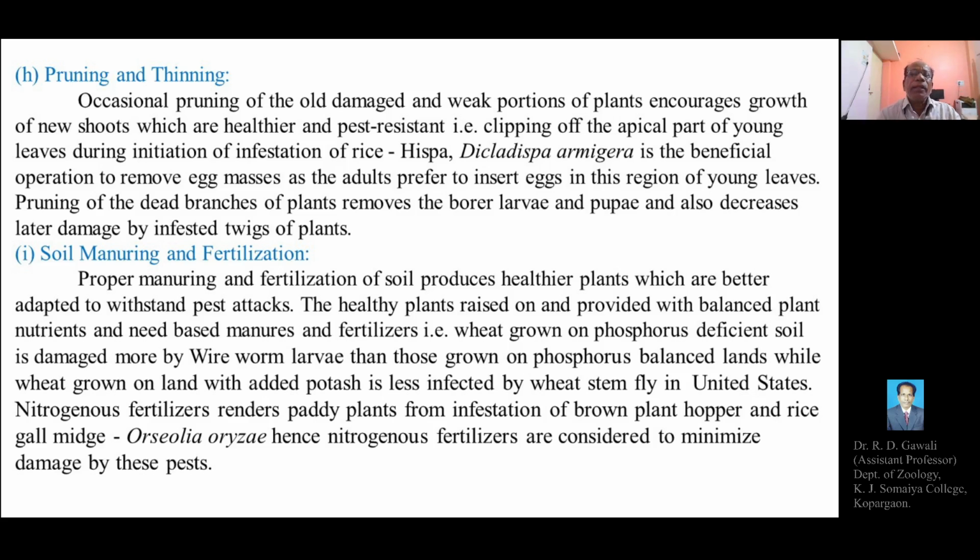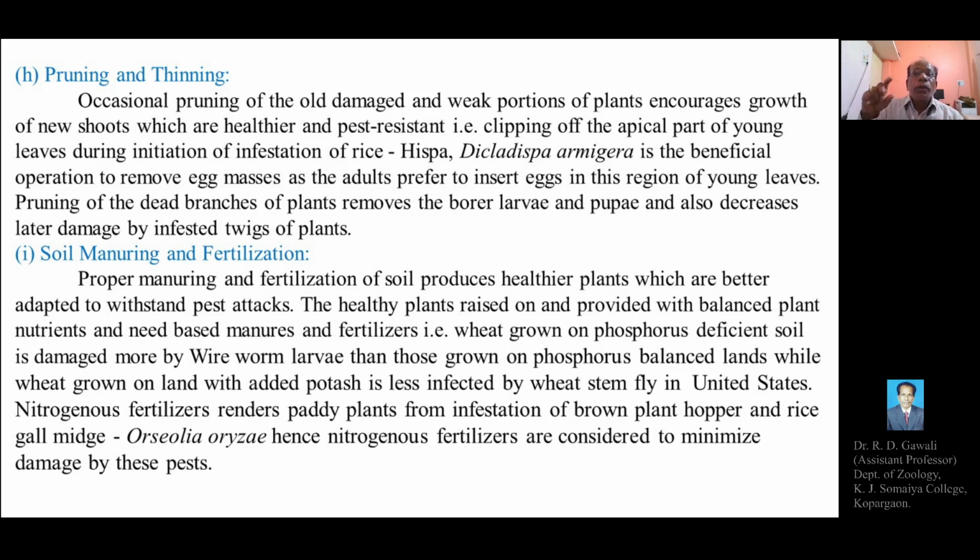So these are eliminated due to the pruning and thinning activities, which lead to unfavorable conditions for the sustenance of the pest larvae or pupae, which are the hidden stages that can hide in the crop plant.